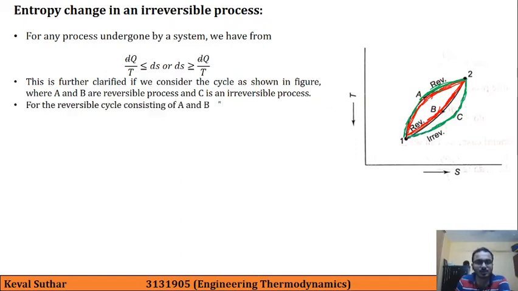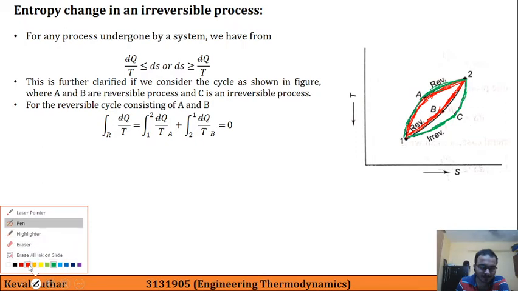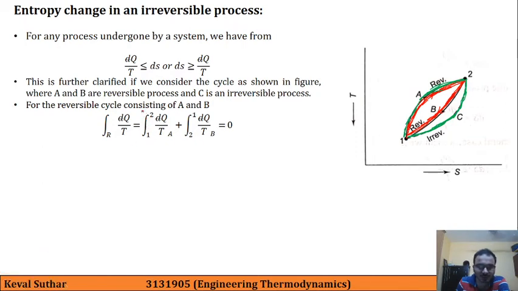Okay, so here for the reversible cycle consisting of A and B, which is shown with the help of the red color, for the reversible cycle we can write the integration of đQ upon T is equal to the first one, through path A, this is the first integral, and then plus path B, that is this integral.